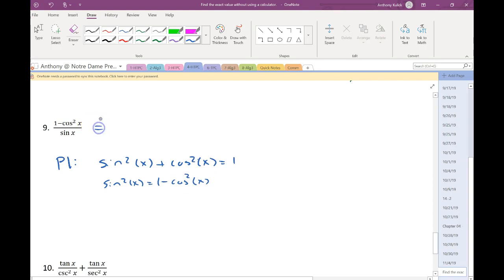So maybe I'll call this P1 star or something, because it's P1, but we rearranged it sneakily a little bit. Everybody okay with that? And then what do? We can just reduce.